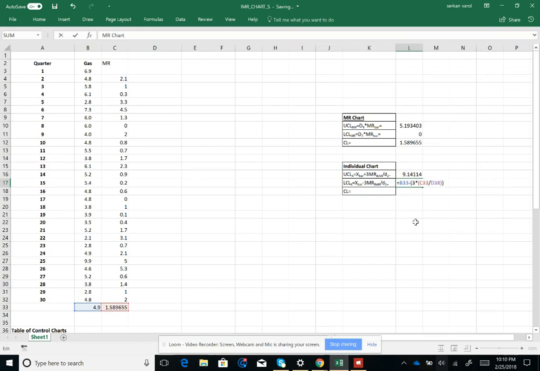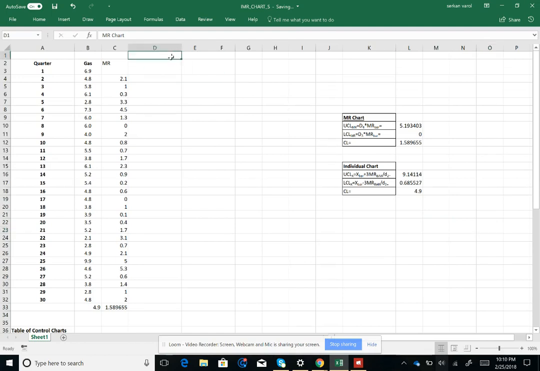So change it to minus sign, and there you should be getting 0.68553. Okay, what's your central limit? Your central limit is the average of your gas consumption, which is 4.9, cell B33. Equal sign B33. All right, nice. So we calculated our control limits for individual charts as well as the MR chart.